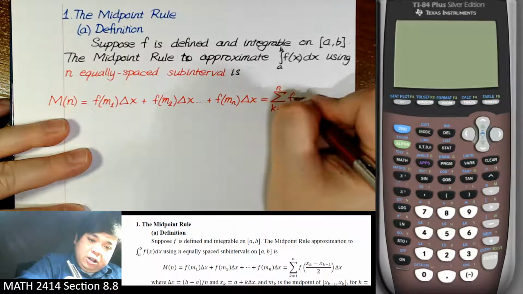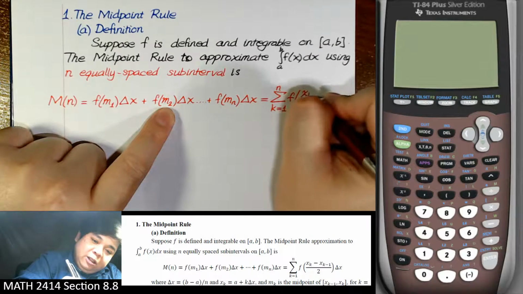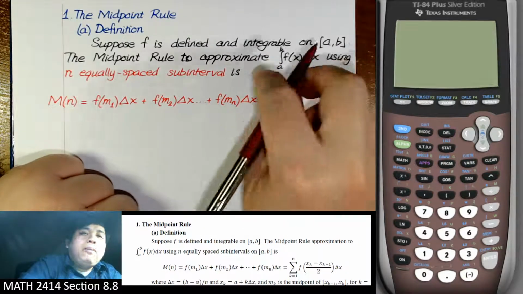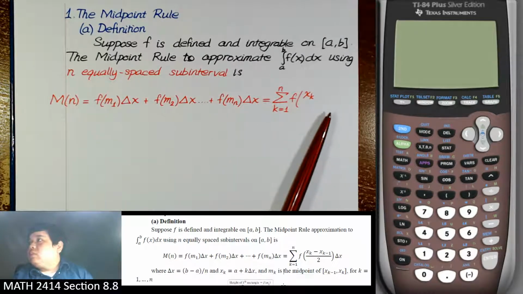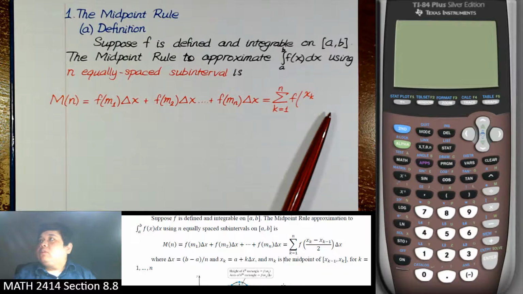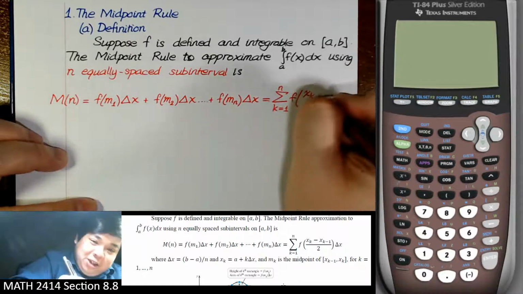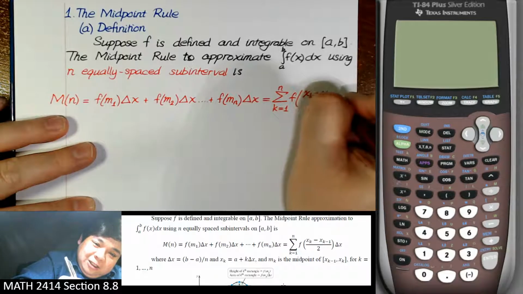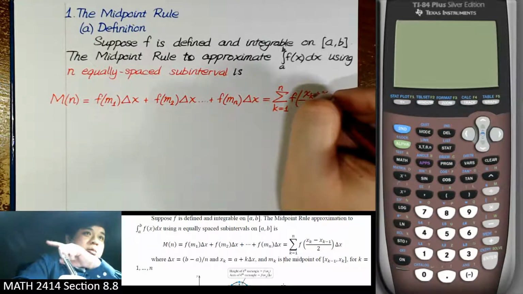We have the function, and the midpoint would be characterized by... sorry, there's a typo, it should be a plus in the formula.